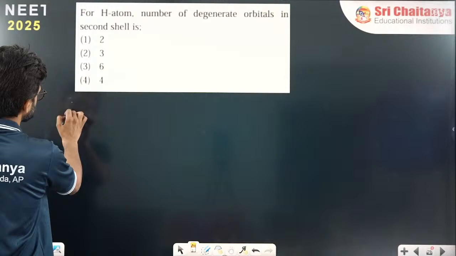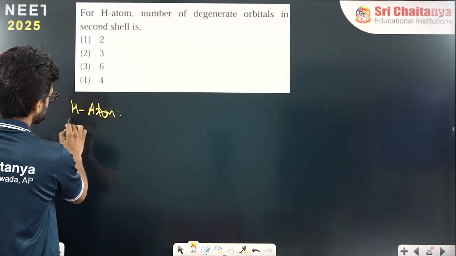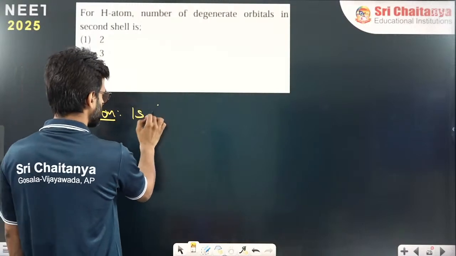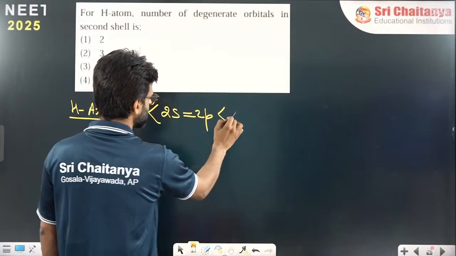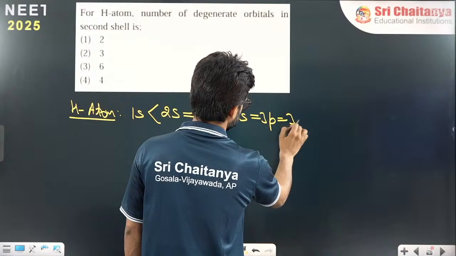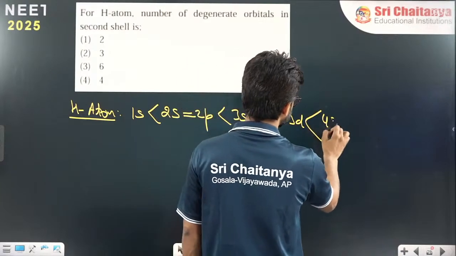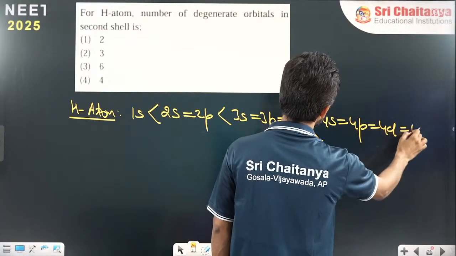So in hydrogen atom, the energy sequence is a little different. 1s, okay, 2s and 2p have the same energy. Then 3s, 3p, 3d have the same energy. In the fourth shell you will see 4s, 4p, 4d and 4f all have the same energy.